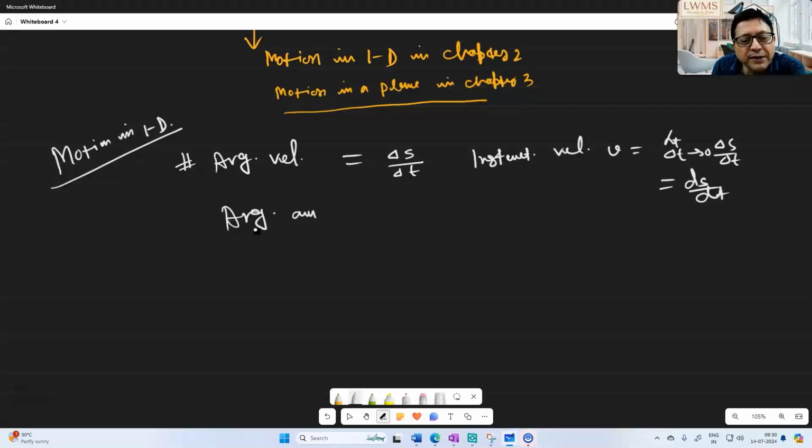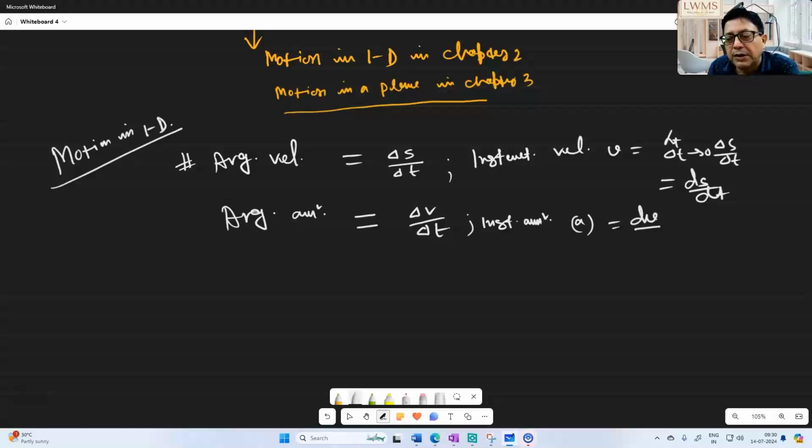Similarly, we can define average acceleration. Average acceleration is delta V by delta T, and instantaneous acceleration A equals dv by dt.